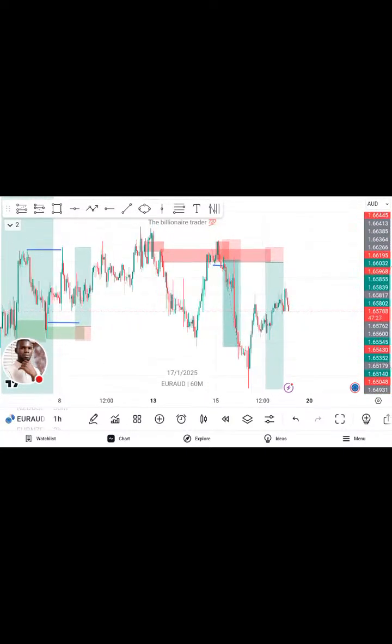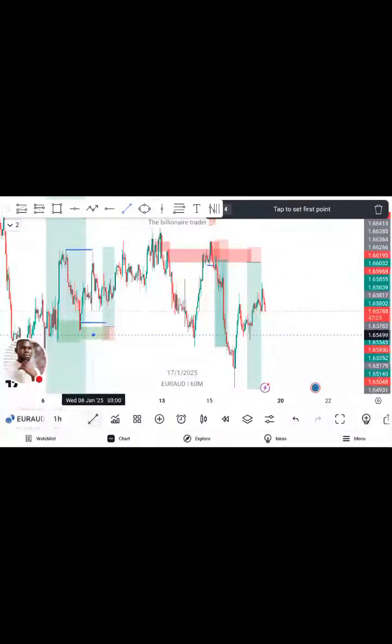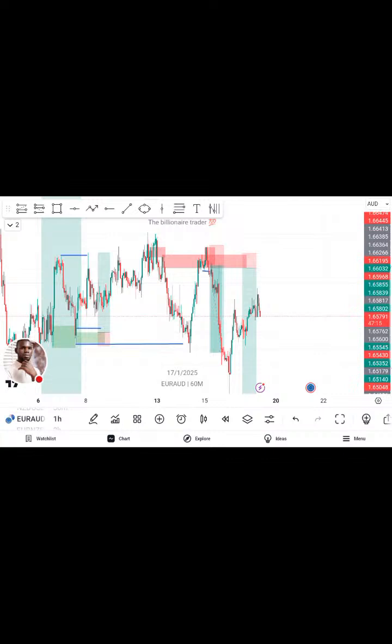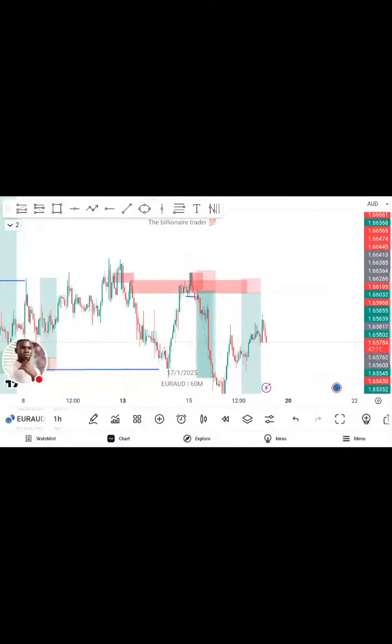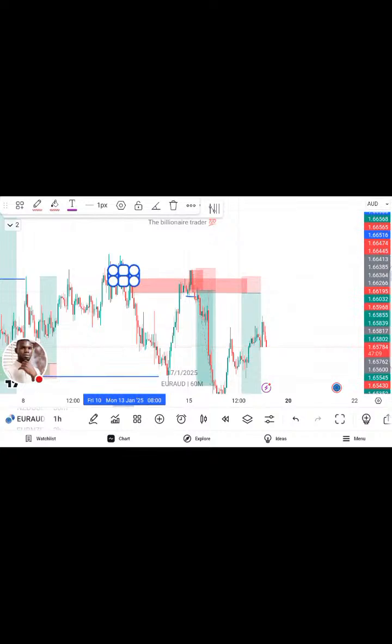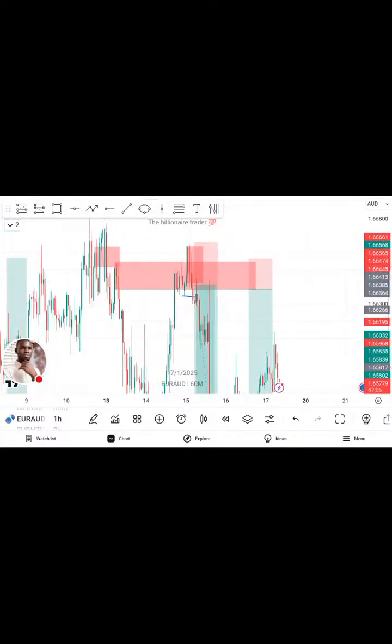Yeah, for this EURAUD sell, we have this low being taken out. After taking out that low, I expect price to actually inspect this area, but it was being invalidated.